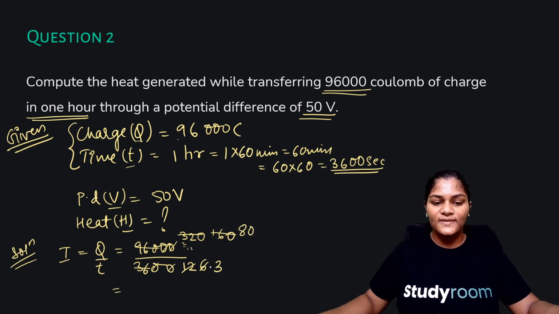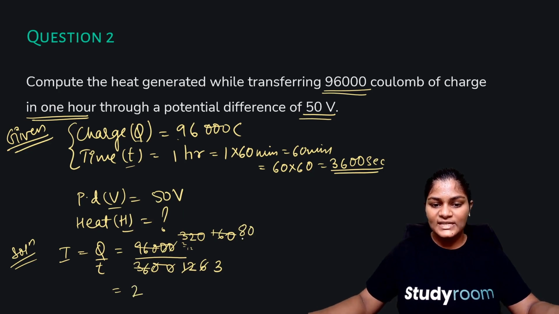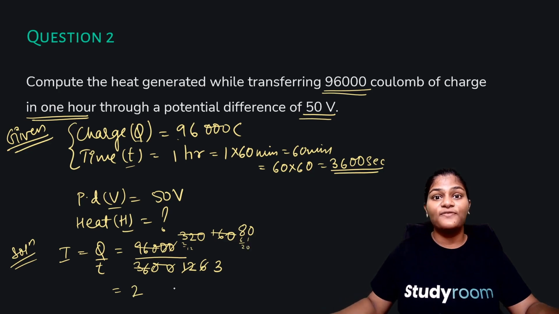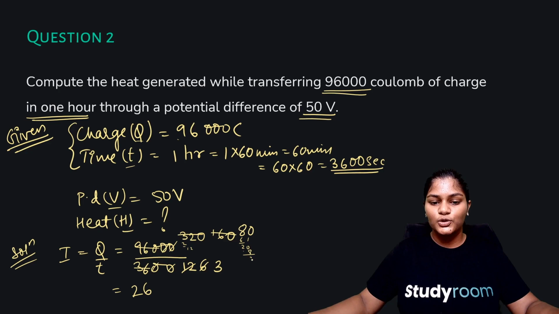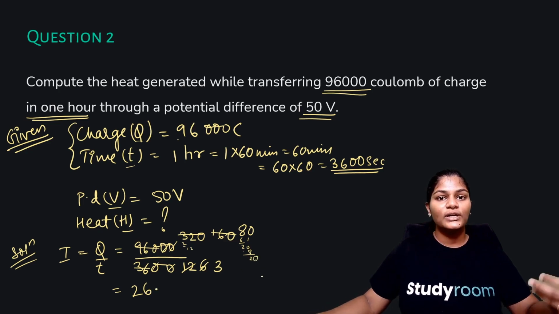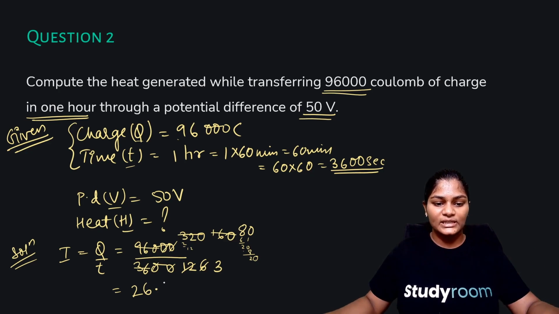So now I just divide. 3 twos are 6. 2 and a 0 comes down. So 3 fives are 15, 3 sixes are 18, 2 is left. We put a decimal. Again 0, 5 and 15, 3 sixes are 18. So then 666 will keep going on. You will divide it and check by yourself. So I write 26.67 amperes is my current.